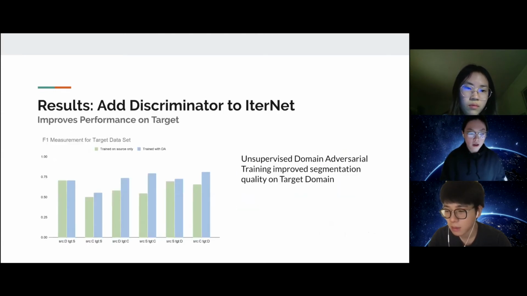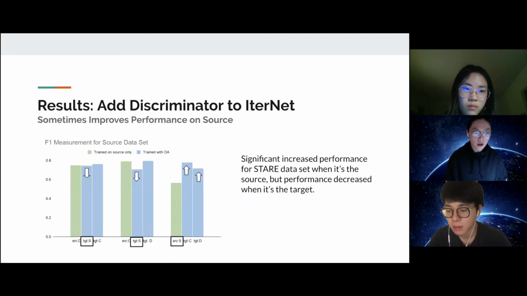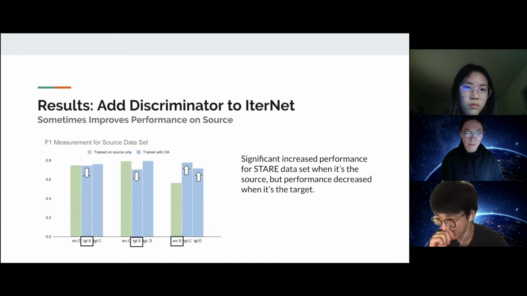In this figure, the blue bar represents the F1 score on the target dataset when we apply domain adversarial training, and the green bar shows the baseline performance. We can clearly see the improvement in segmentation results on the target domain when we apply domain adversarial training. In this figure, similarly, the blue bar is the F1 score when we apply domain adversarial training, and the green bar is the baseline performance.